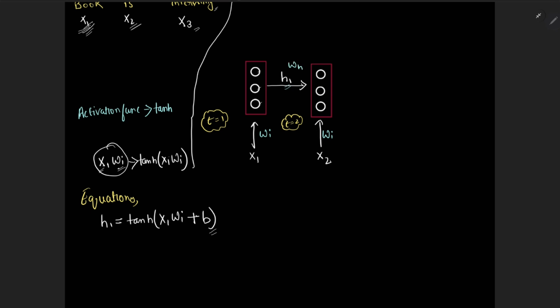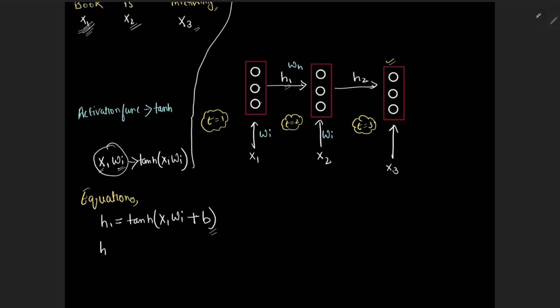The dot product of x2 wi and h1 wh will give us the output h2, which will be passed at the next timestamp t equals 3 to the same neural network with a different input x3.